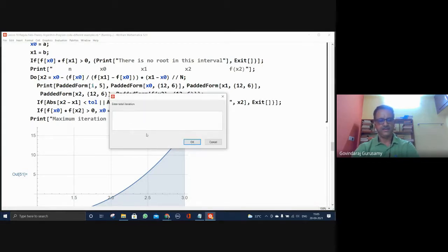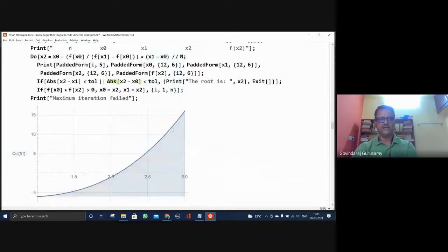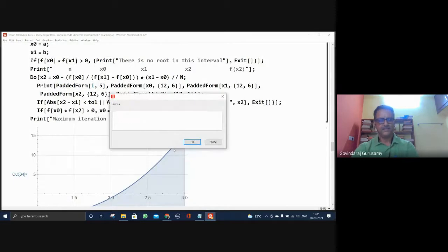Okay, number of iterations. Okay, so enter and see what's happening. Something wrong. I think null, because this output has not been given. So 2, okay, 3, okay.